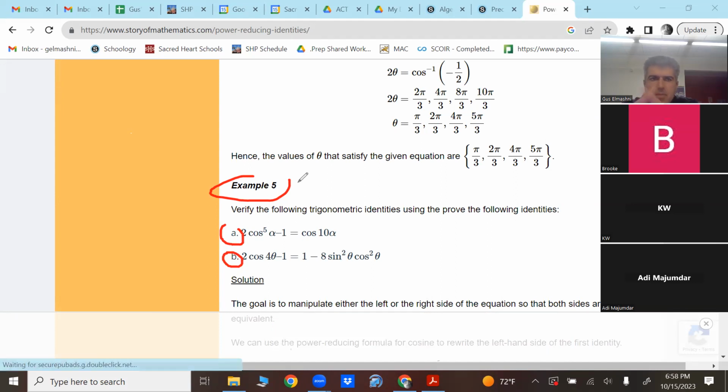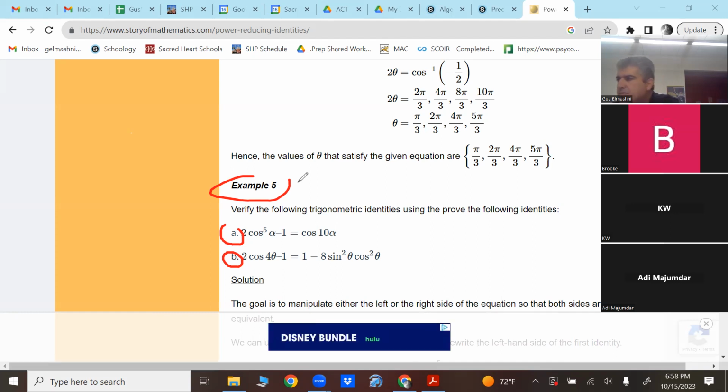Let me think about this one here. I was thinking about starting with the right side, but hold on. I'm trying to figure this out. Give me a sec here. Sure thing, yeah.